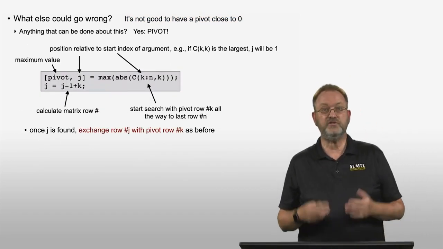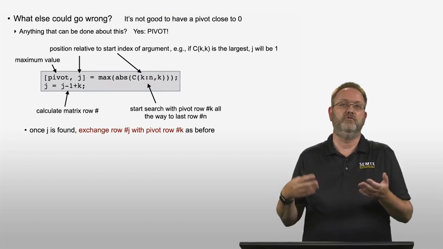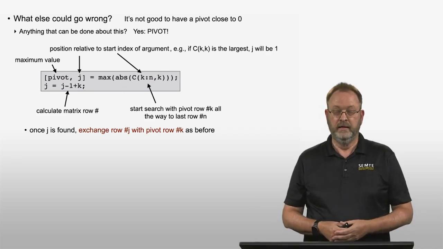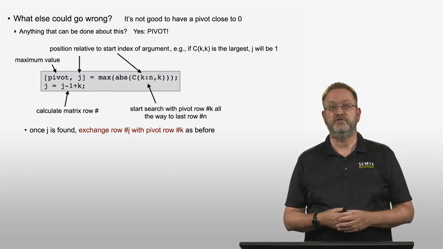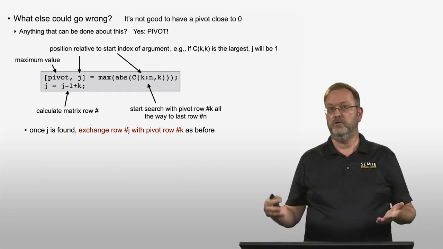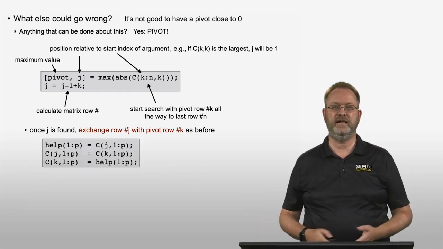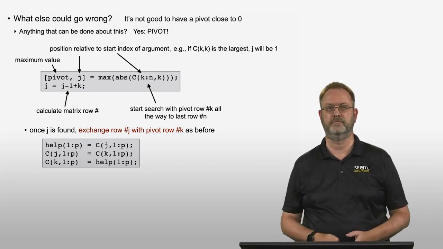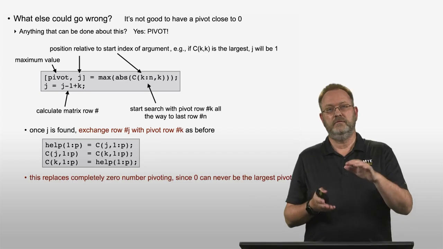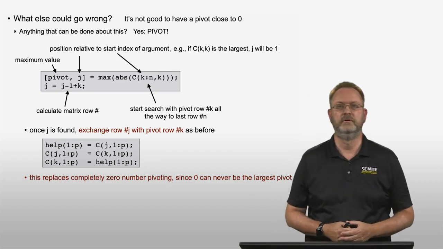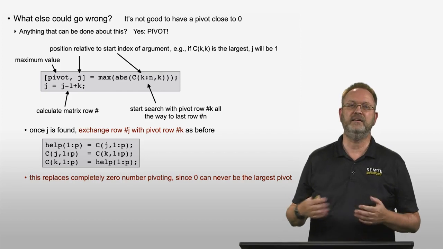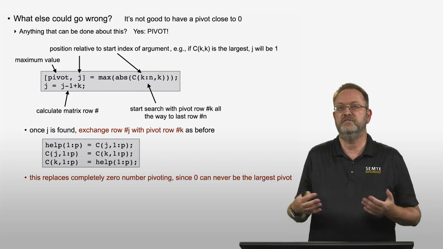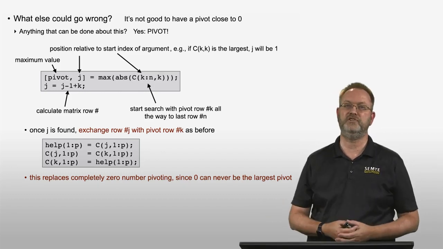Okay, so we found j, the row that contains the largest possible absolute pivot value. And then all we need to do is exchange row number j with row number k as we have done before. So here is that code snippet that does this row exchange. Now these 5 lines of code replace the entire zero-pivoting code snippet from before, because 0 can never be the largest pivot.